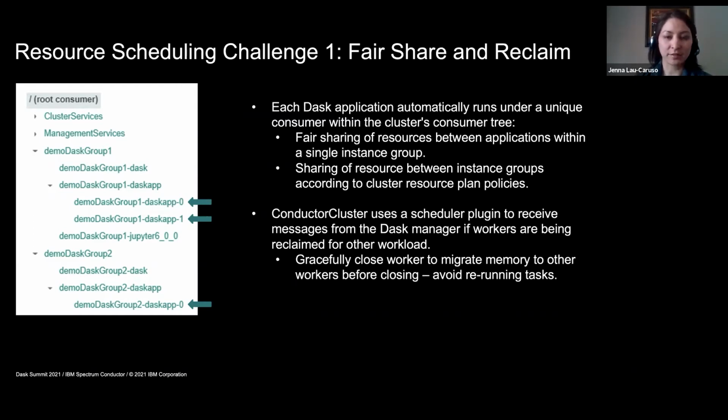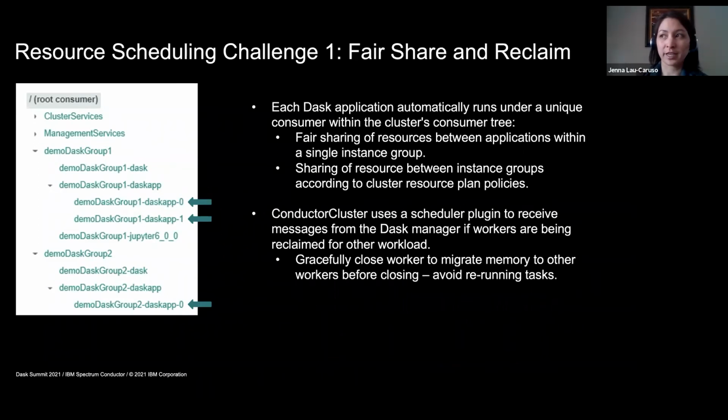Each Dask application within this model runs as its own leaf within the tree. And the result of this is we got two different behaviors for resource scheduling. Within a single tenant, all Dask applications are treated equally. What that means is that we'll get fair share resources between applications within a single instance group.